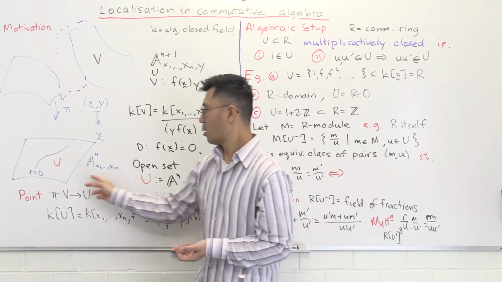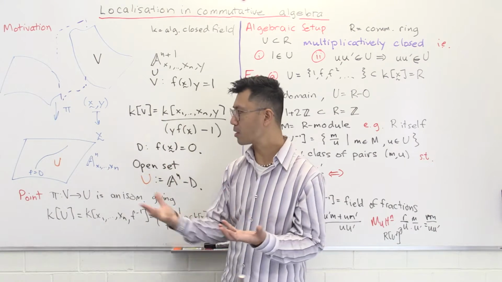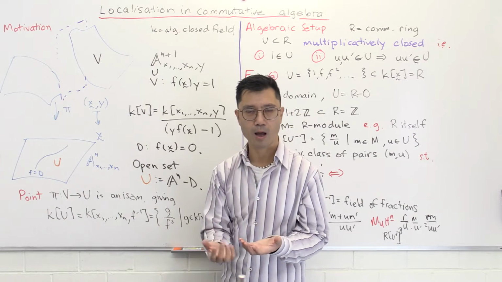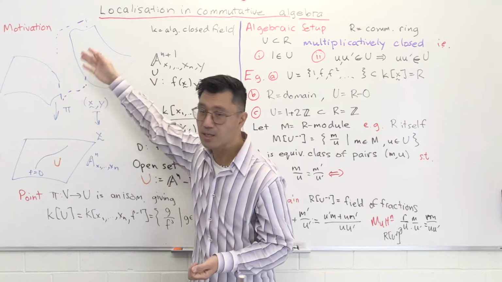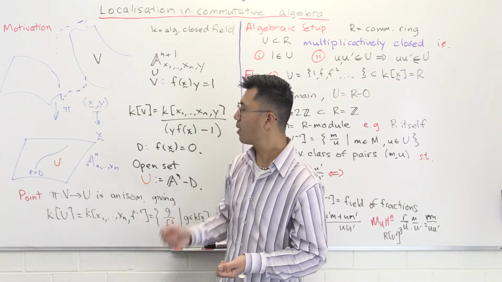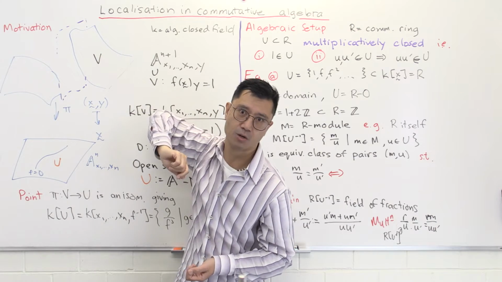At the moment, since U is an open set, you may think it's not a closed subset of this affine space, so it's not an affine algebraic variety. But via this very simple and very natural map, it is set-wise bijective with V, which is an affine algebraic variety.